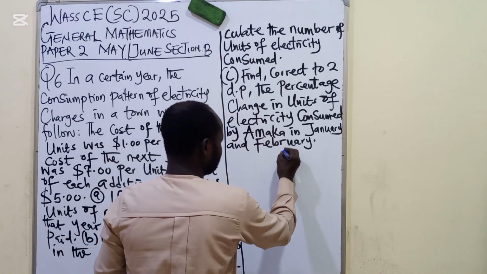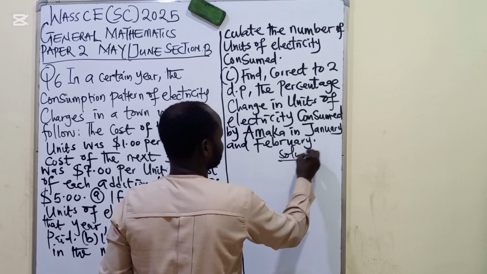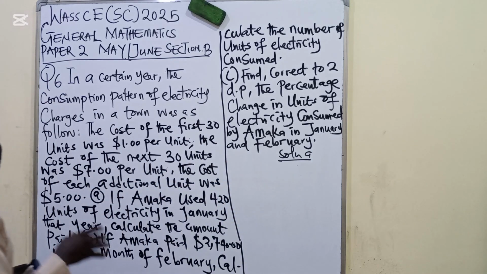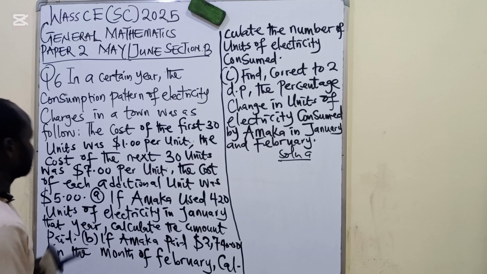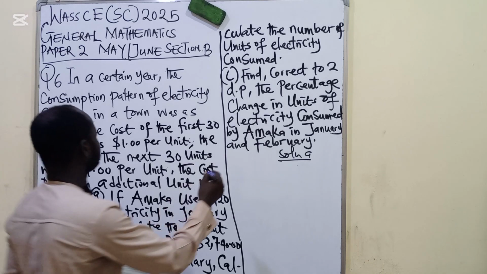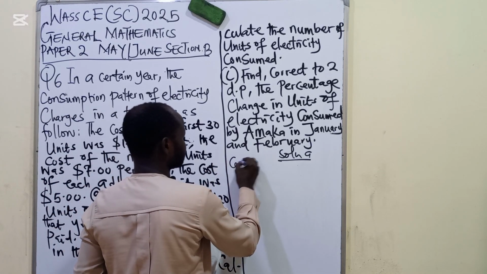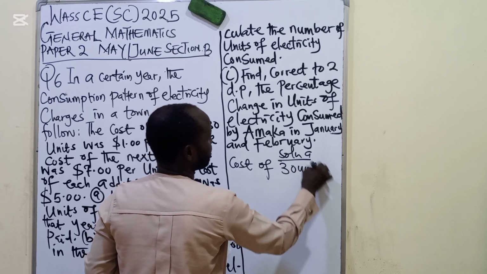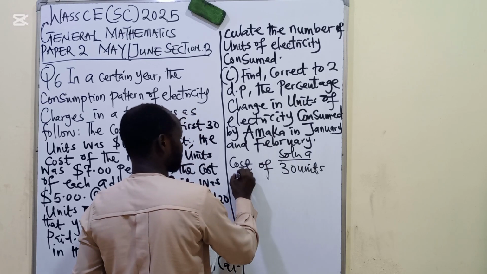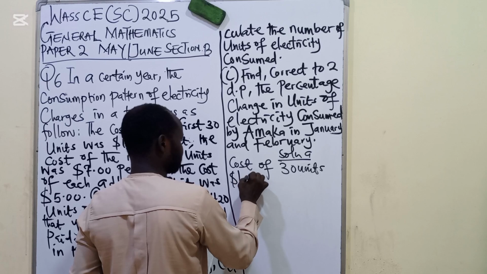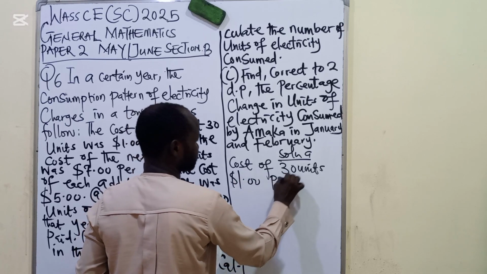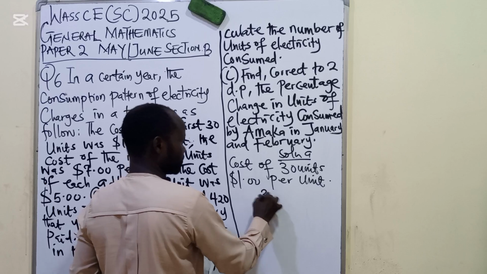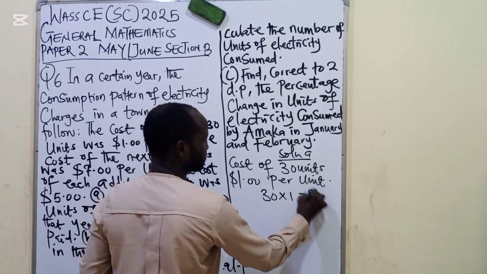Let's start with A. Let's write down the solution to A now. We are told that the cost of the first 30 units is $1 per unit. It means the cost of 30 will be 30 times 1, that will be $30.